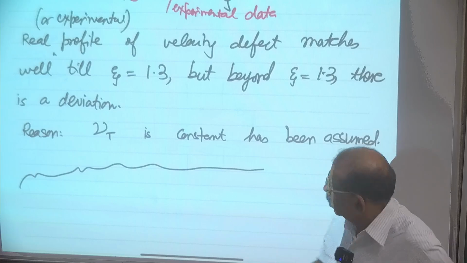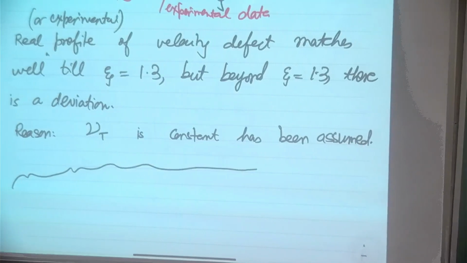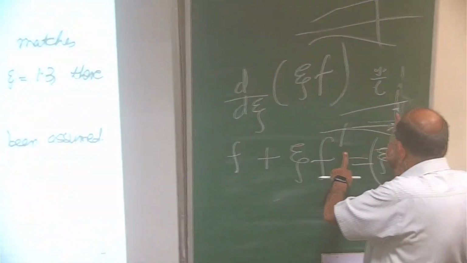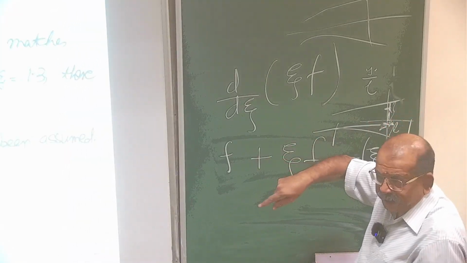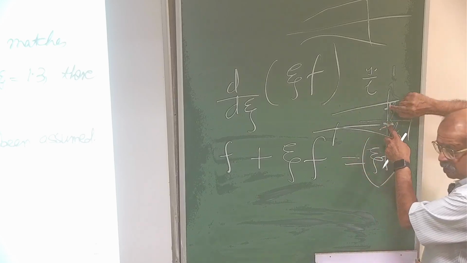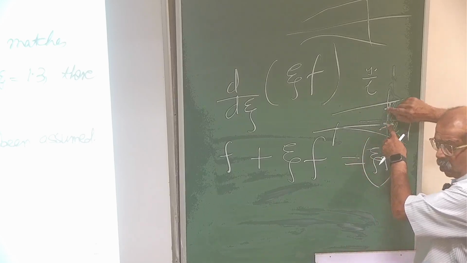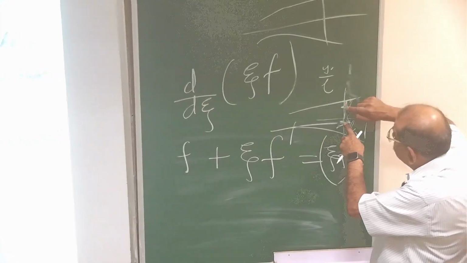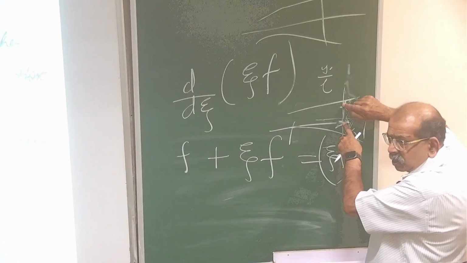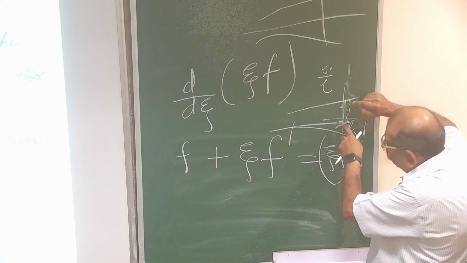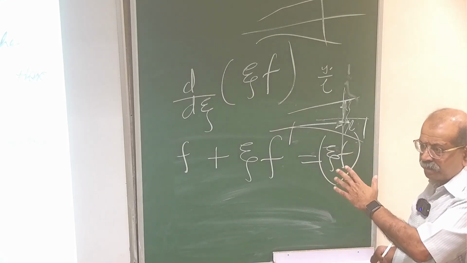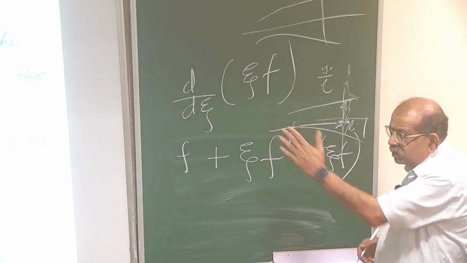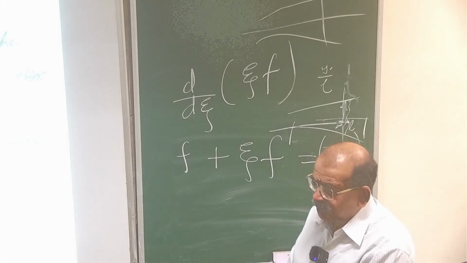That means for different values of x, once you are sufficiently downstream at this location, this location, this location, if you plot the mean velocity defect, up till zeta of 1.3, which will be somewhere inside the wake flow, it matches. But beyond that, the mean velocity profile does not match.